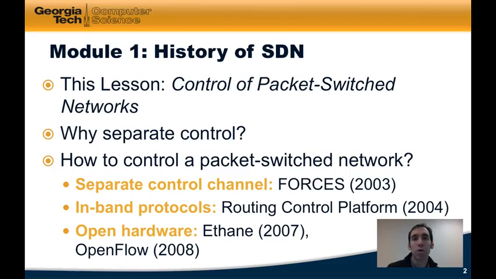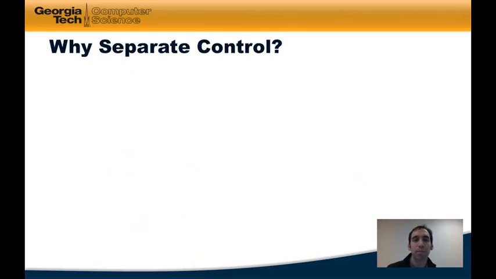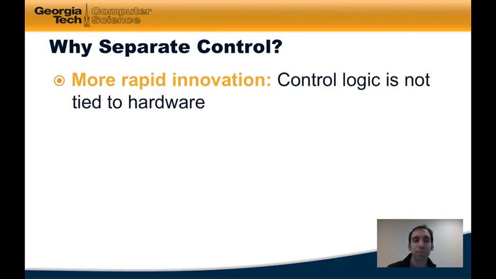Then we'll look at the routing control platform, which used an existing protocol, in particular the border gateway protocol, to dictate or control the routing decisions or forwarding decisions that BGP-speaking routers in a backbone network made. Then we'll look at how the emergence of open hardware enabled the much more widespread adoption of separate control of packet switch networks.